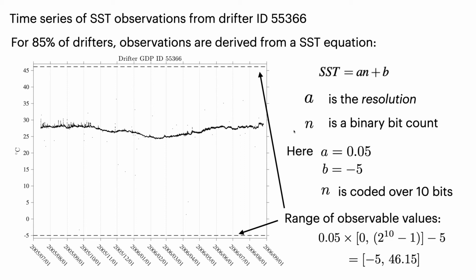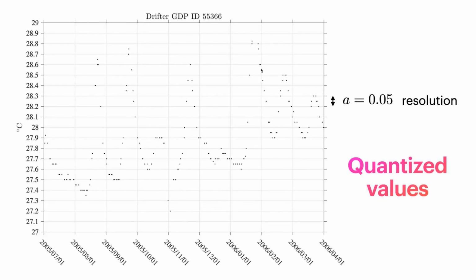So here for this drifter, the binary bit count was coded over 10 bits. And so with the coefficients A and B, you can actually deduce the range of observable values. So if you plug in the numbers, you're going to find out that this drifter is going to be able to return values between -5, shown here, and 46.15 degrees Celsius, shown here. So this is one of the things you want to consider.